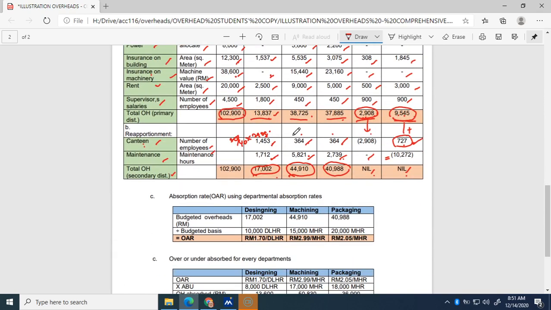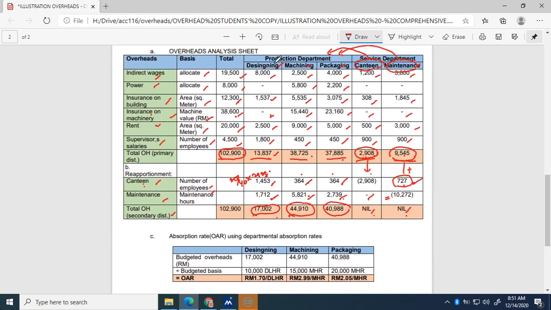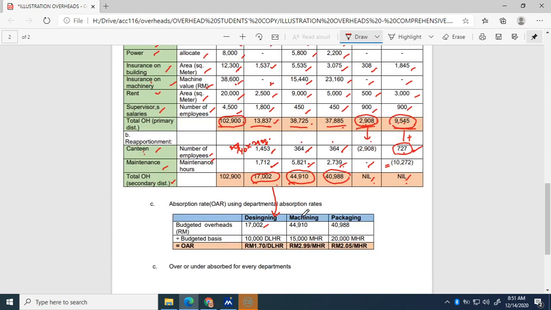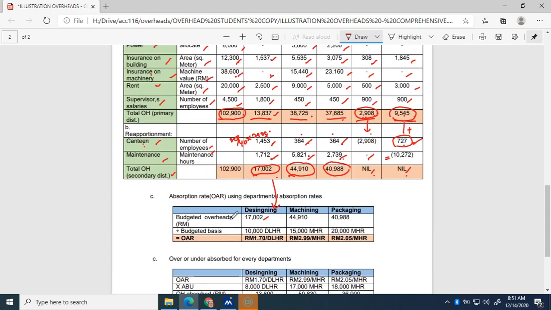Now how to get OAR? Refer to the designing department. The total overhead cost from the second distribution is 17,002. Total budgeted overhead cost divided by budgeted basis, which is direct labor hours 10,000. So OAR will be 1 ringgit 70 cents per direct labor hour.